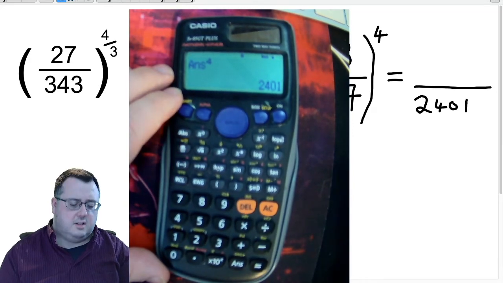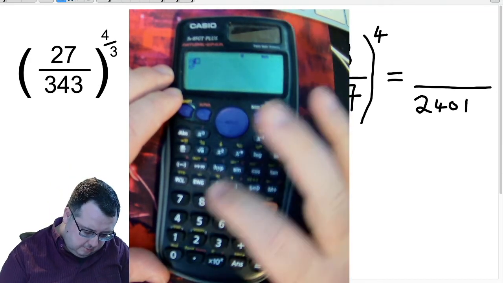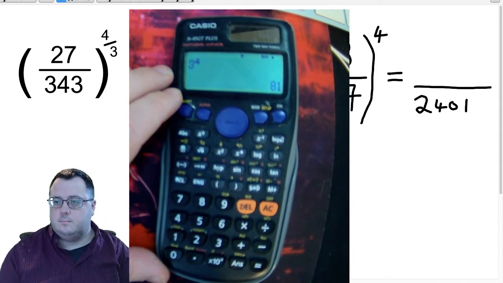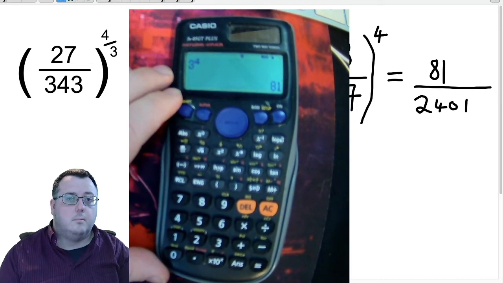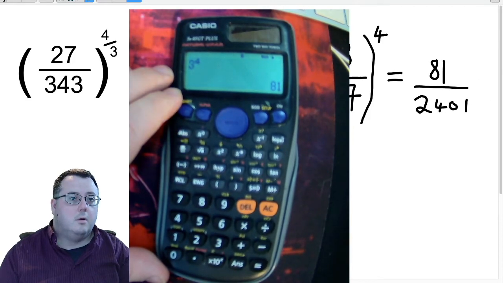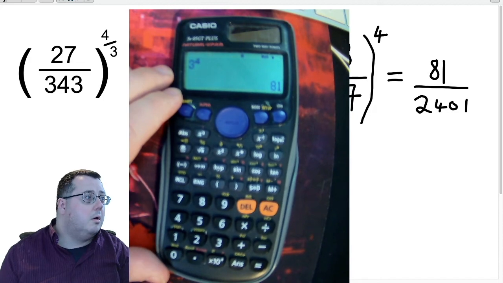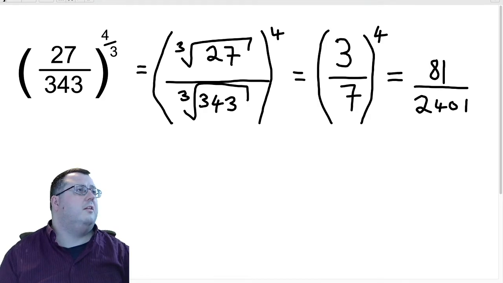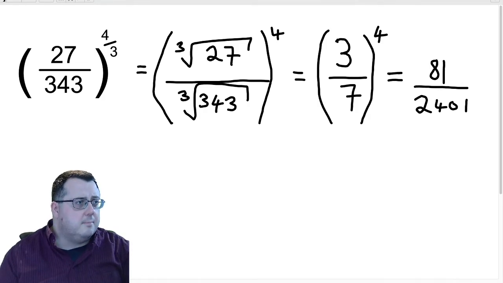And then lastly, we need to do 3 to the power 4, which gives us 81. So I'll just remove the calculator. You can see the full example there, the working that you need to get to the answer.